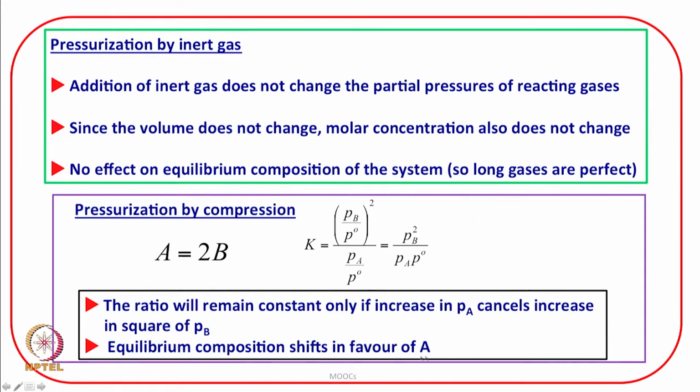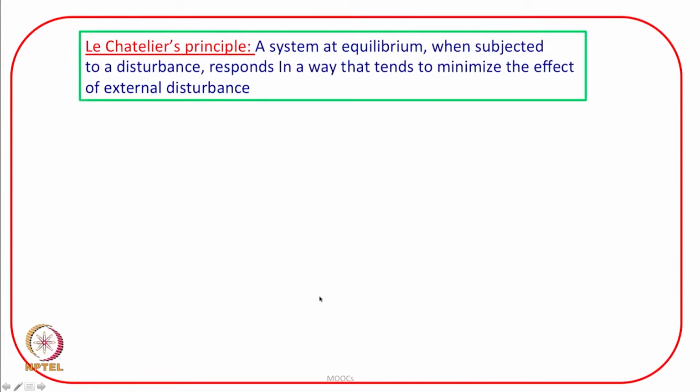So, equilibrium composition shifts in favor of A, and then we generalize this in terms of Le Chatelier principle, that is, a system at equilibrium when subjected to disturbance responds in a way that tends to minimize the effect of external disturbance. And we will see throughout the discussion on equilibrium and equilibrium constant how Le Chatelier principle is obeyed.